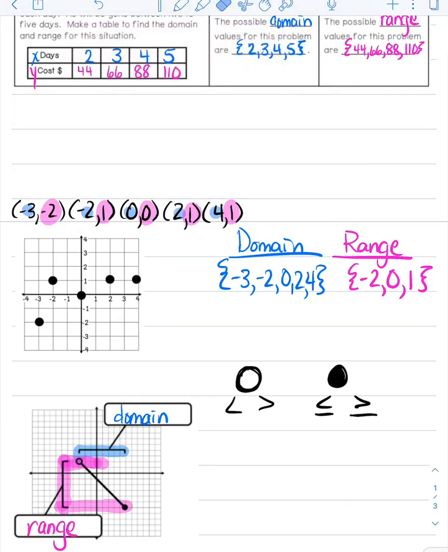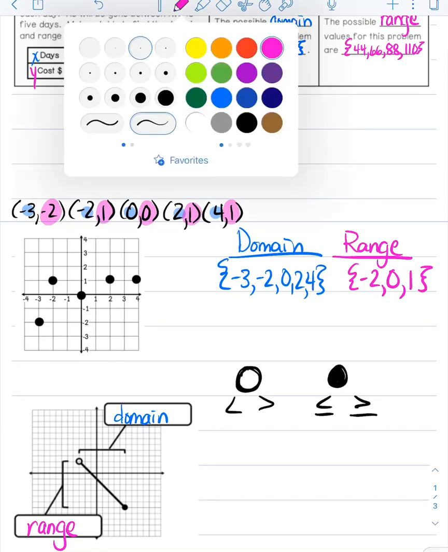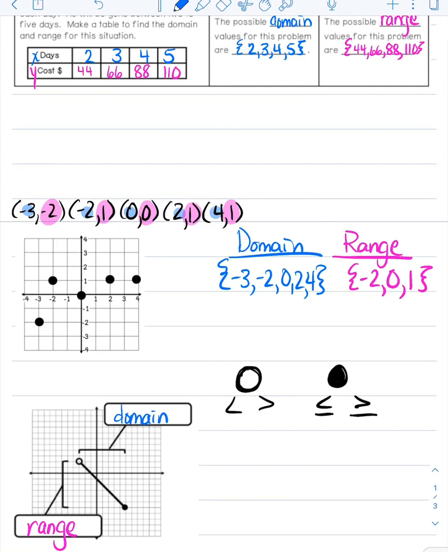So let's actually read this and write it the way it's supposed to be written. So let's start with our domain. I notice that the smallest x value that I see here is -3.